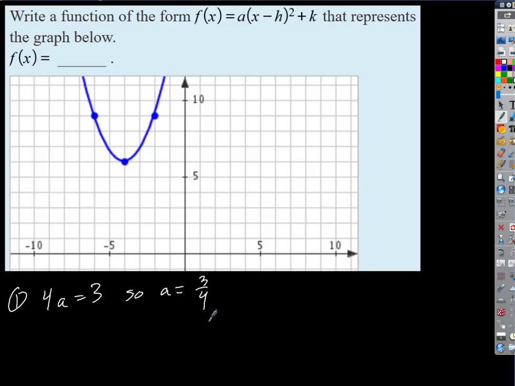Another way to think about it is final y value divided by starting y value. We're starting with our original parent graph, and we're going to figure out what we had to do to go from our parent graph to there. So the first thing was we multiplied by 3/4.